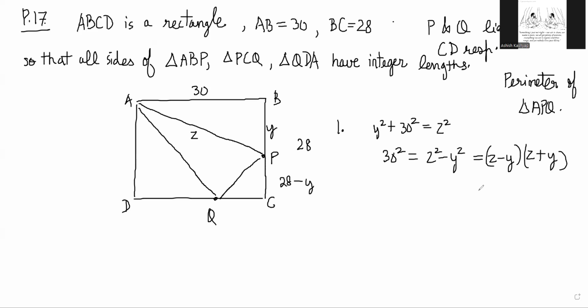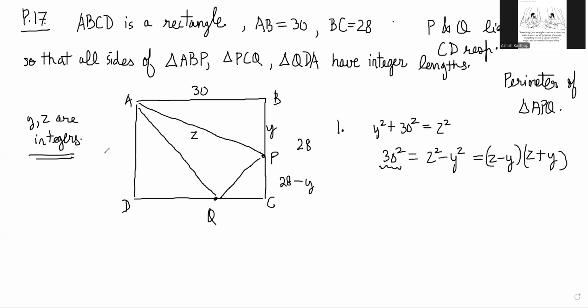And notice that this number is 900, but it is divisible by 4. We need to make sure that y and z are integers, right? Y and z are integers.